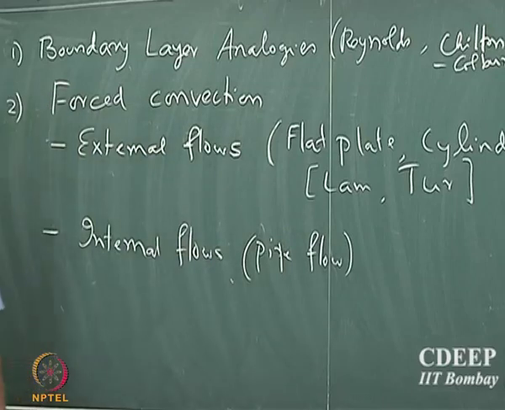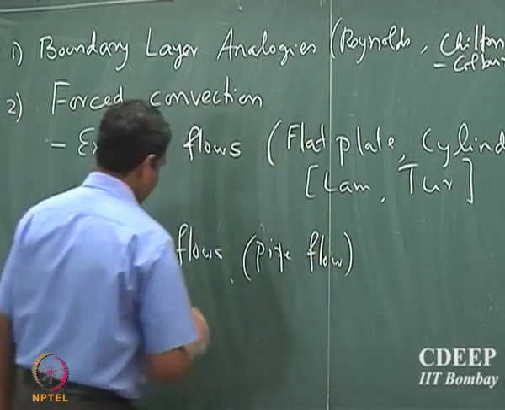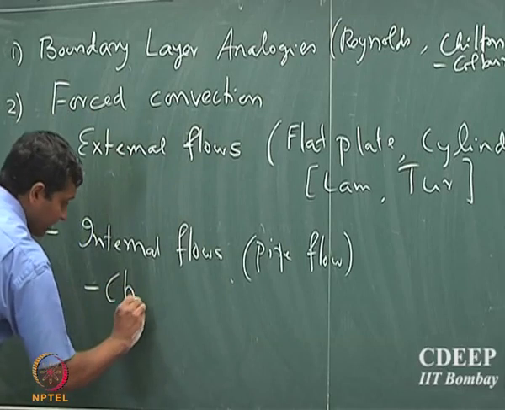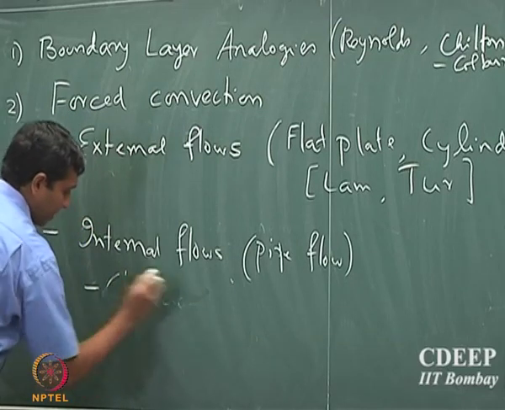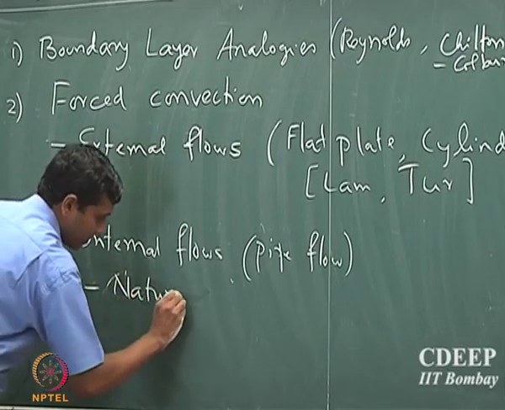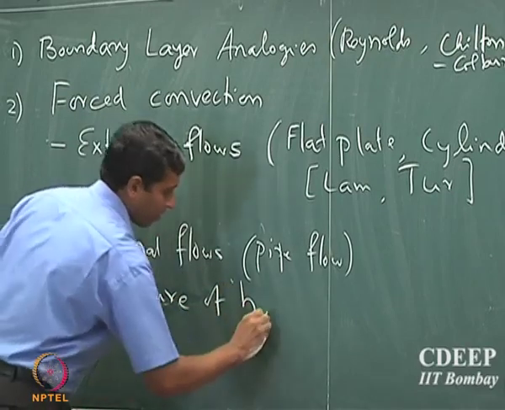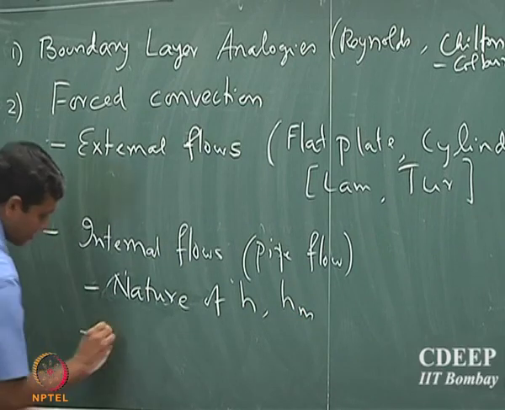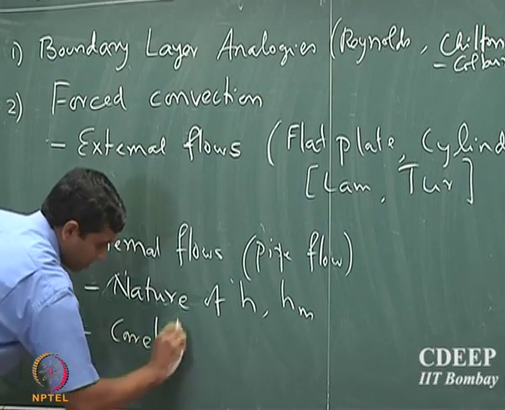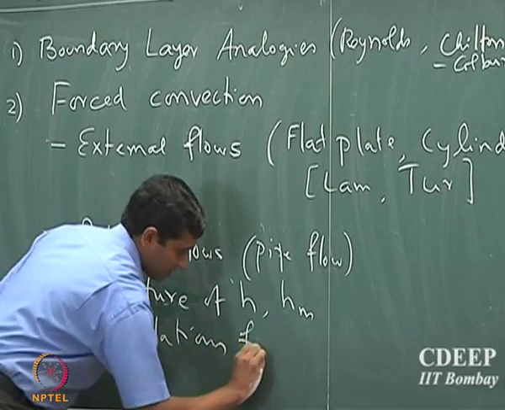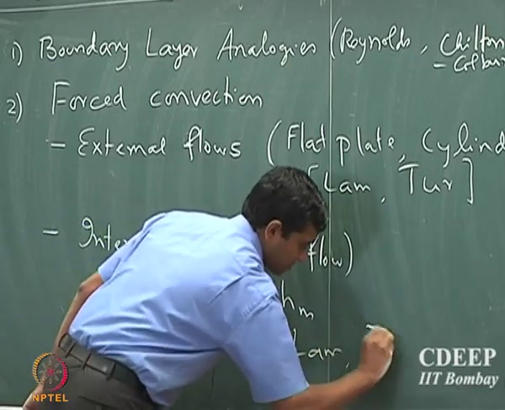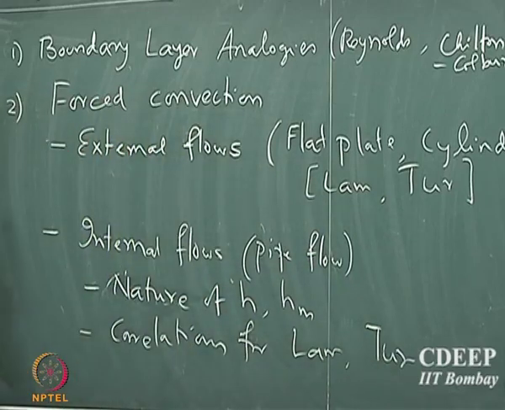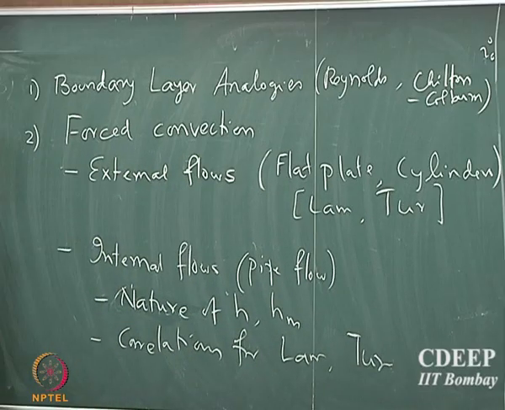We looked at pipe flow and we found the characteristics, or I should say nature of heat transport coefficient, nature of H and Hm, we found that, and then we looked at correlations for laminar and turbulent. Okay. So, that is all we have covered. So, next what we are going to move on to is the next topic, which is the free convection or natural convection.